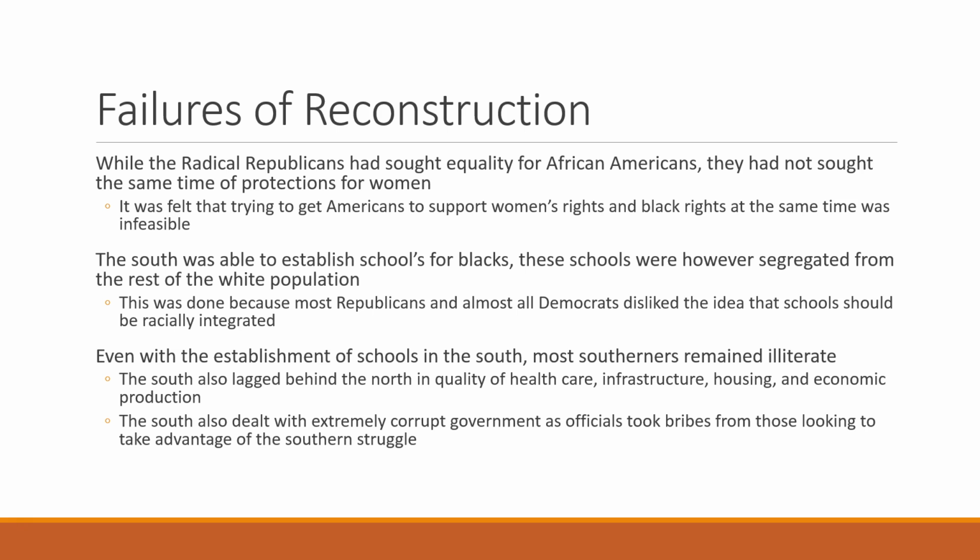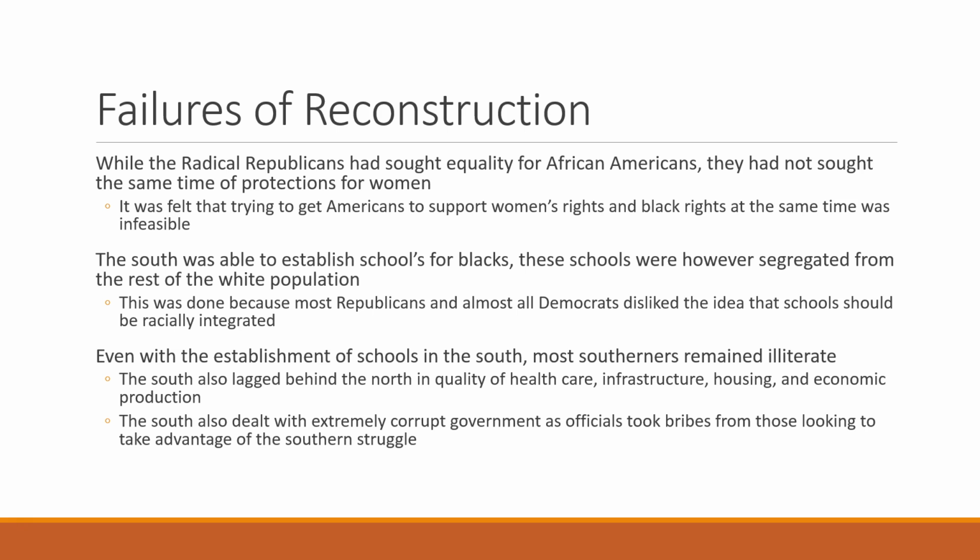To change the society that quickly would have definitely been a challenge, but it's a missed opportunity. When you've already got all of this change going on, adding voting rights for women would not have been all that huge of a step.